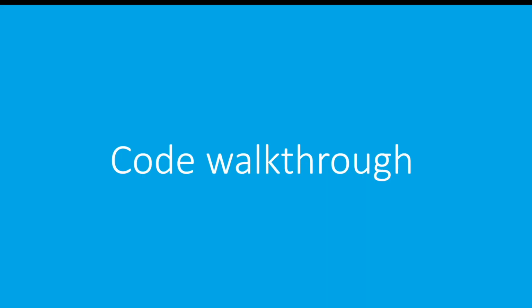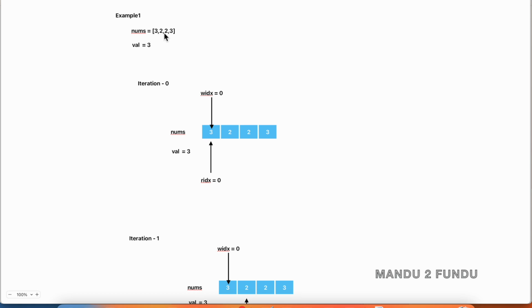Let's do the code walkthrough with sample input. We have the nums array 3, 2, 2, 3, and the value to be removed is 3. In iteration 0, both read and write index are pointing to the first element in the array, and we check whether that element is not equal to the val, but it is equal.